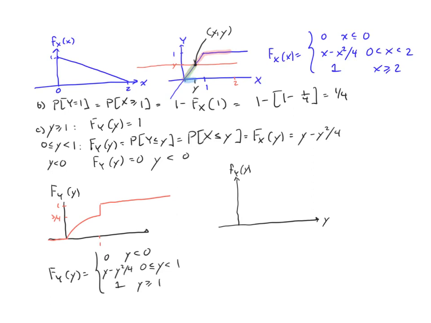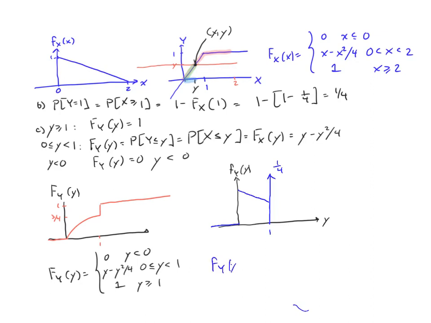But we have to remember that we're going to have an impulse because of this jump. So going piecewise, this is 0, and then it's going to be 1 minus y over 2 up to 1. And then at 1, we're going to have an impulse, which has weight 1/4.